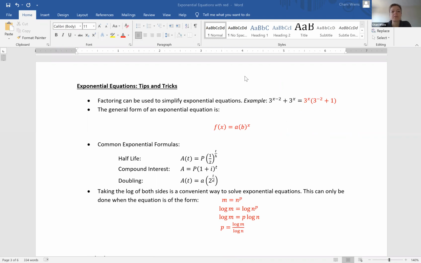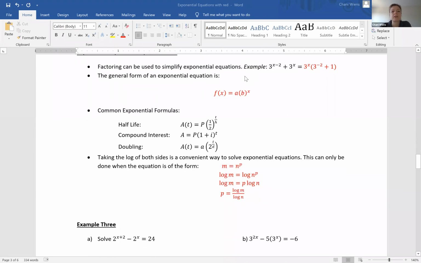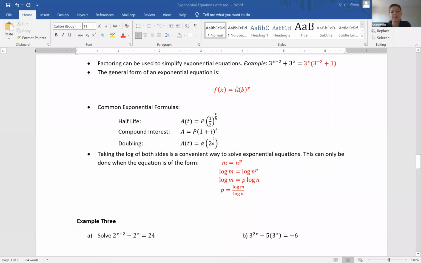All right. Also, just remember the general form of an exponential equation. I'm going to annotate, but it's hard because it takes up so much space. So just remember A is your initial value. It's what you start with. X is your number of periods.